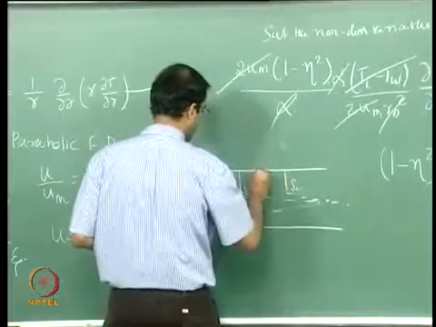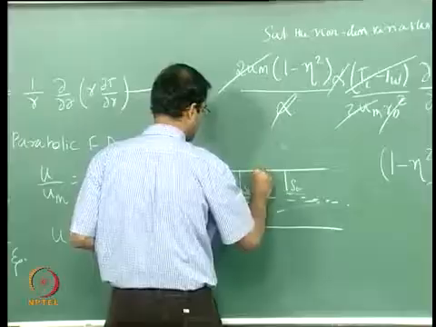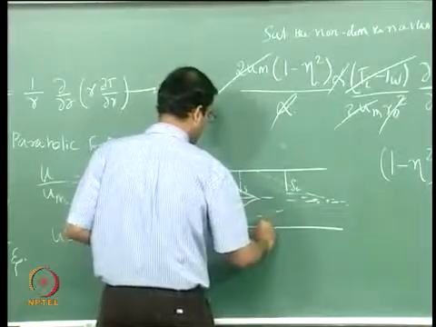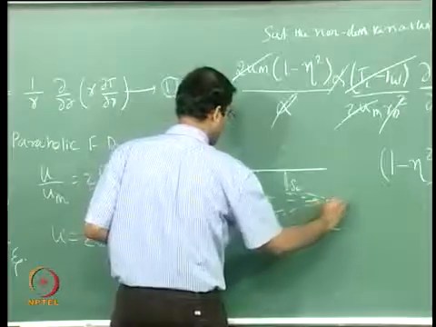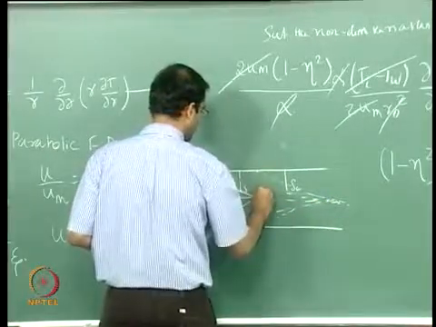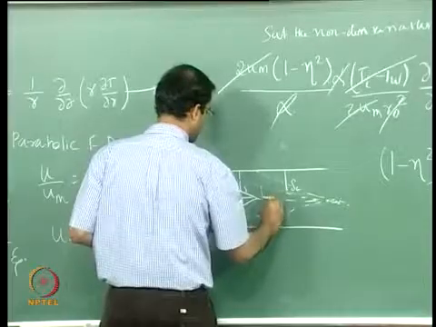You are starting from a point where the velocity is fully developed. This is your coordinate, this is your x, this is your r.